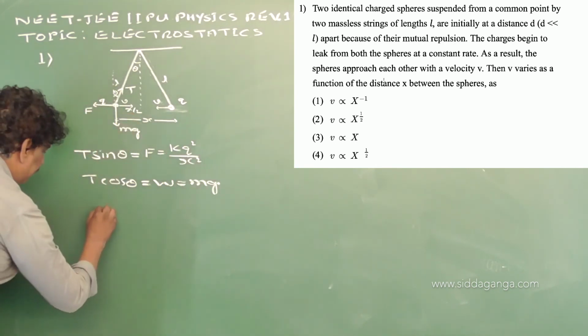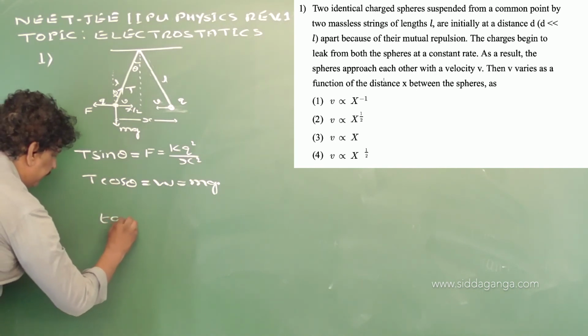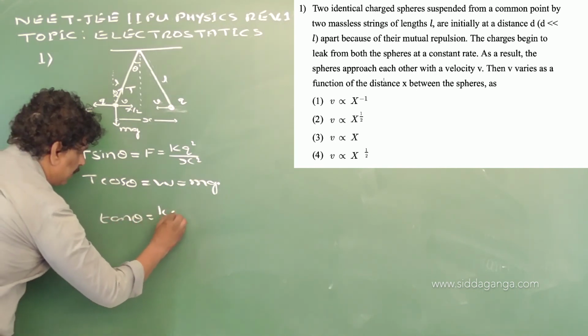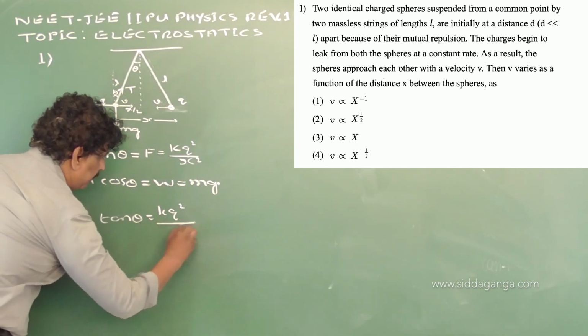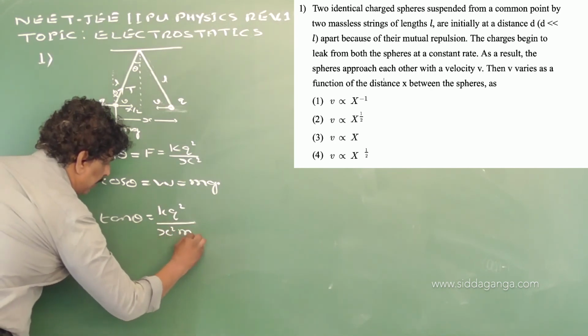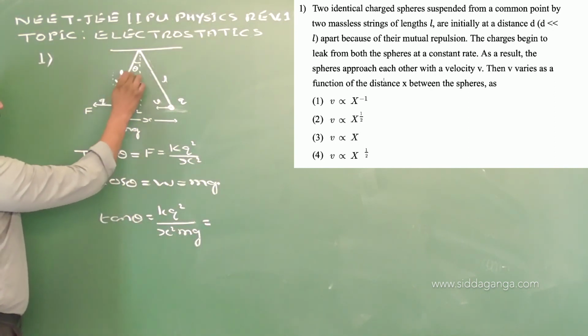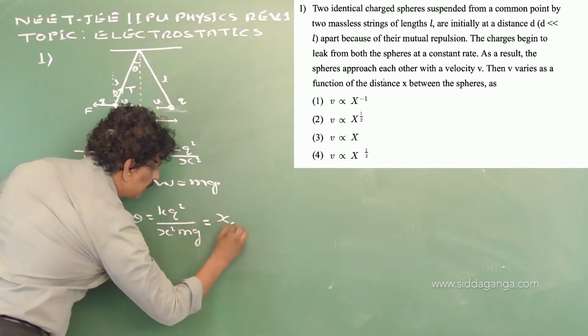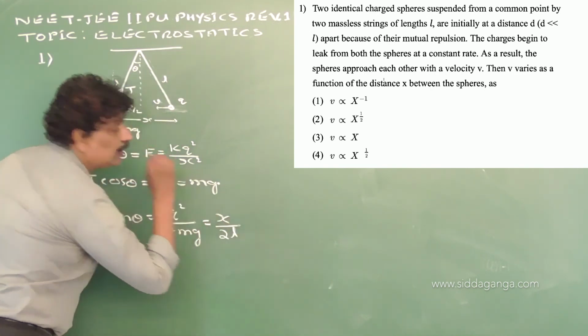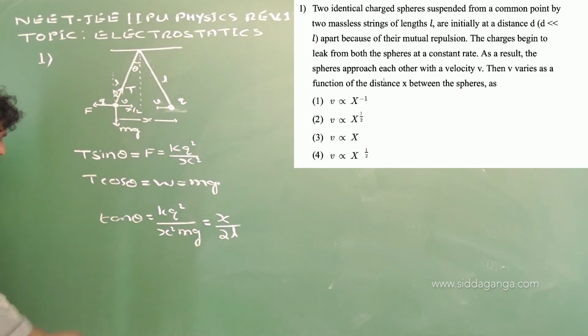Now we have sin theta by cos theta, that is tan theta, equal to k q square by x square mg. And also from the figure, tan theta is equal to (x by 2) by L, that is equal to x by 2L.